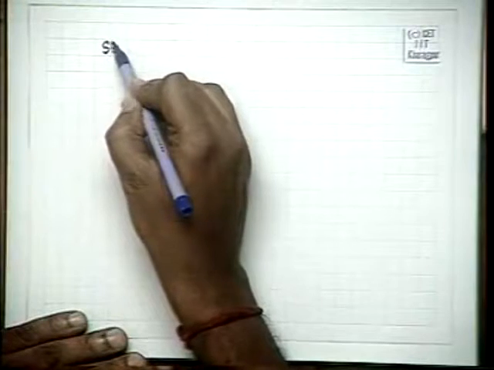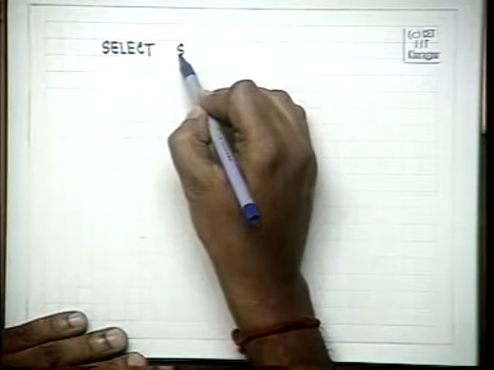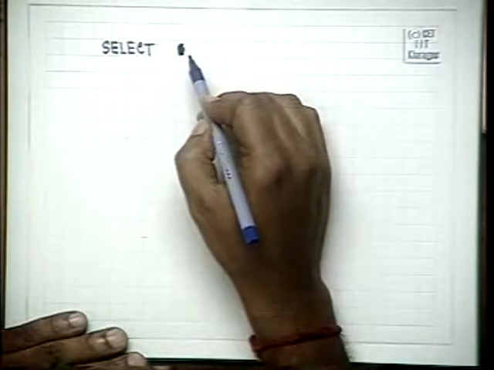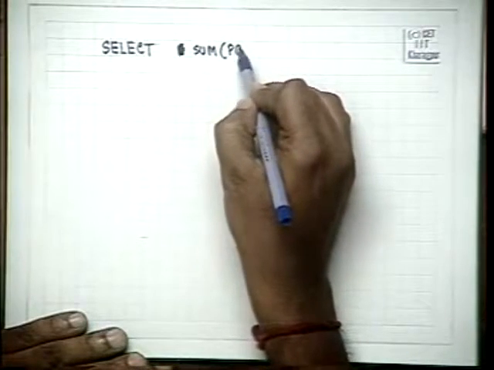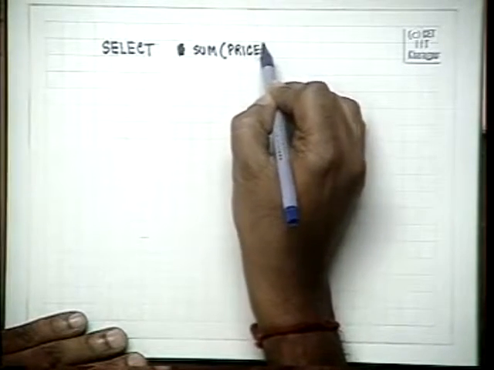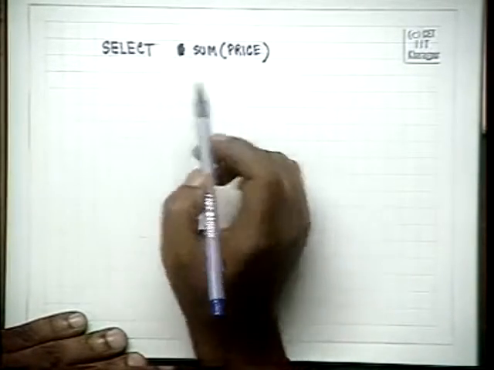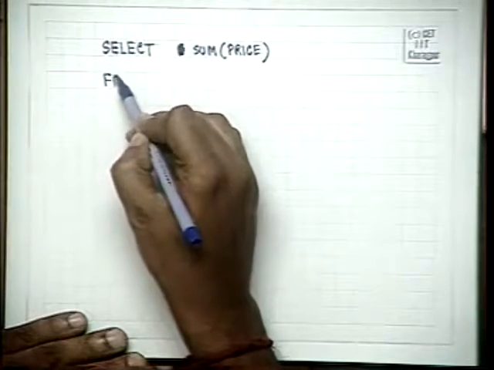So what we will do is, we will say select sum price. S name we don't want, we just want the sum of all the books. There is no question of grouping here because you will do it on all the elements. You are not going to group them and you want only one result.